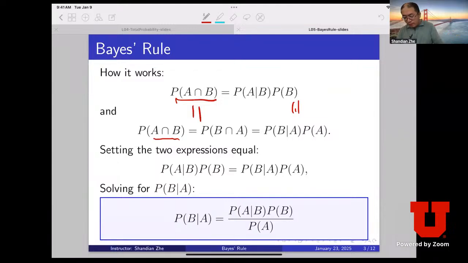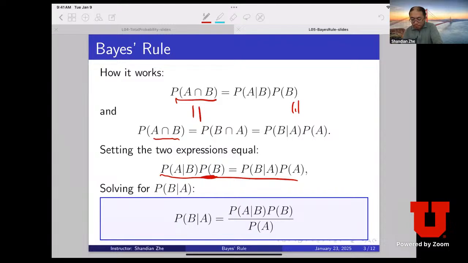The left-hand side is just the joint probability of A and B, and the right-hand side is expressed in two ways. So these two expressions should be the same: the probability of B times the conditional probability of A given B equals the probability of A times the conditional probability of B given A.